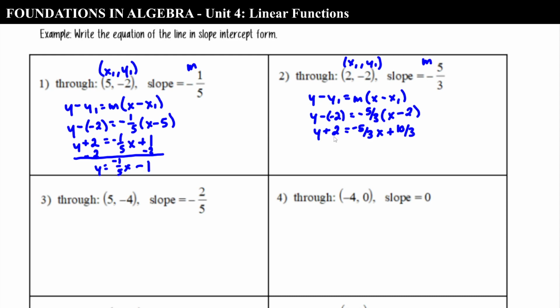Well, 2 is the same as saying 6/3, right? 2 equals 6/3 to get our common denominator. So I am going to subtract 2 from each side, which in this case is subtracting 6/3. And so you're left with y equals negative 5/3 x plus 10 minus 6 is 4/3.